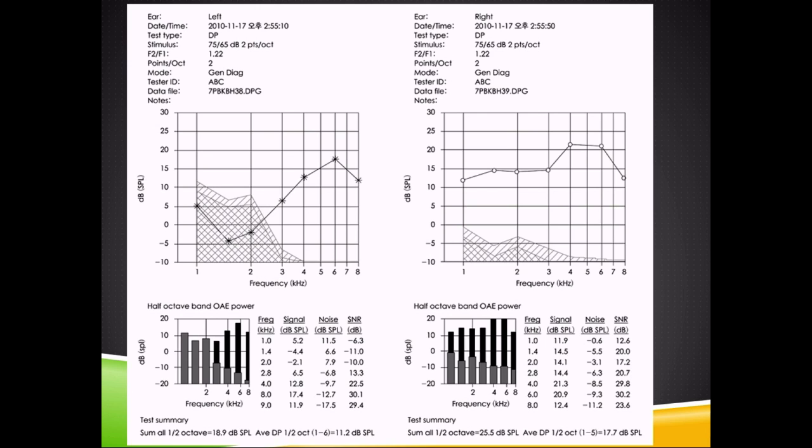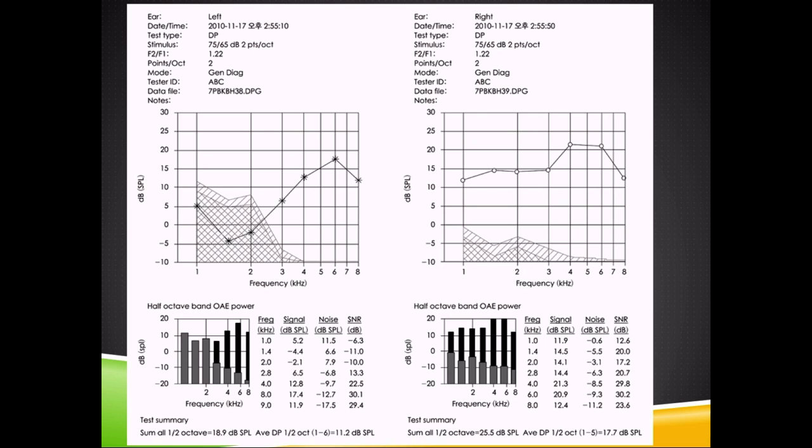So let's look at some samples here. This is an example of an OAE printout that you might see, and there are a couple things I want to point out. You've got the left ear results on the left side and the right ear on the right side. The chart in the middle, the line graph, is typically called a DP gram.